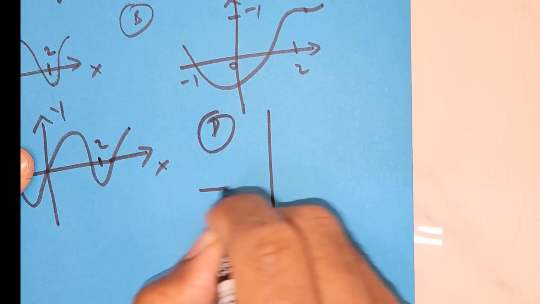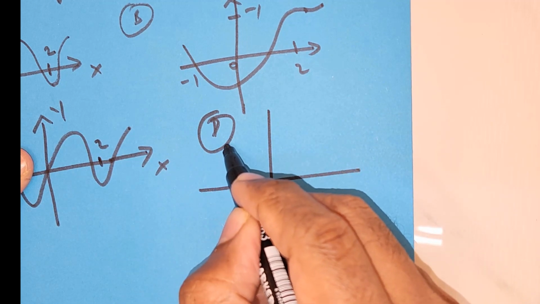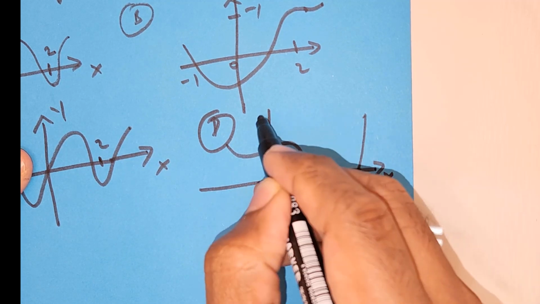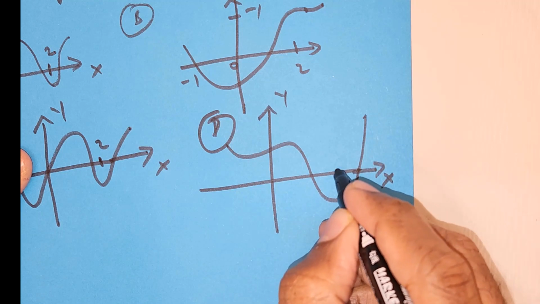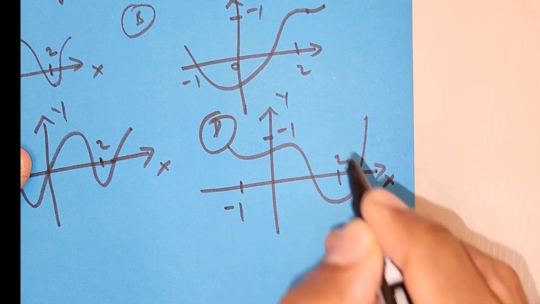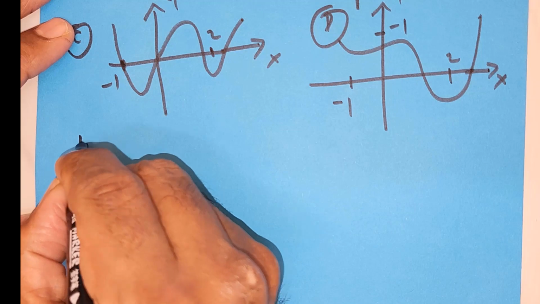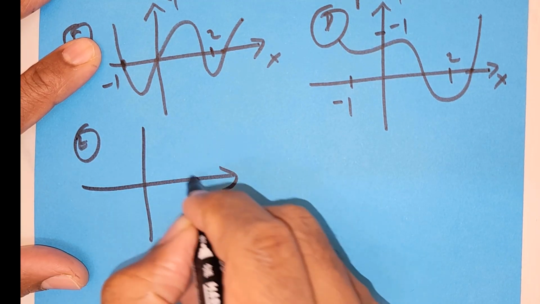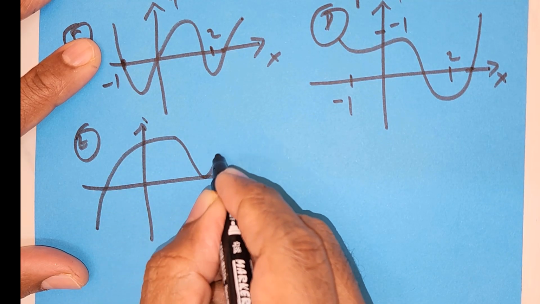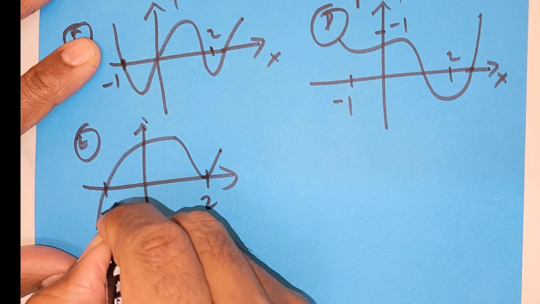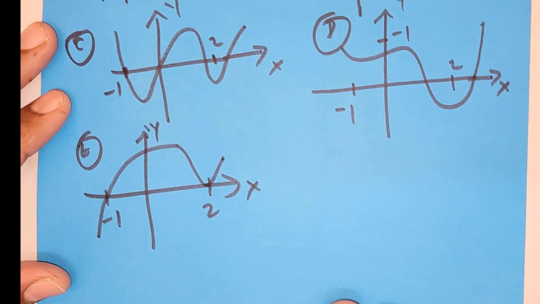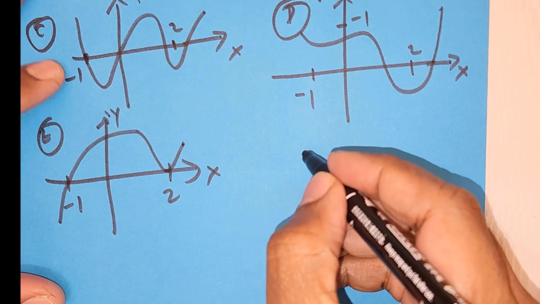D: this is x, and this is y, this is 2, this is -1, and E: this is 2, this is -1. Okay, x and y. Now you cannot outrightly make a guess, right? So have that in mind.